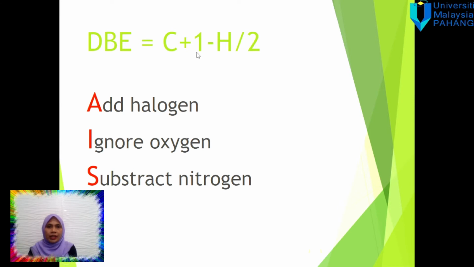And if oxygen is present in our molecular formula, we have to ignore the presence of oxygen. And if nitrogen is present, we have to subtract the nitrogen here. So I can simplify the formula of DBE with the presence of heteroatoms: add halogen, ignore oxygen, subtract the nitrogen.